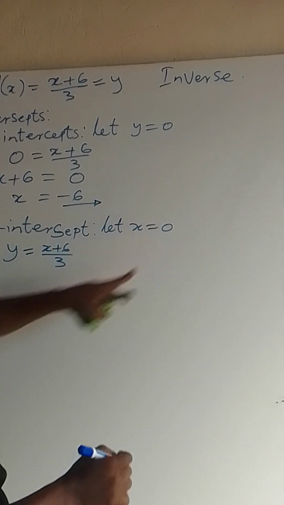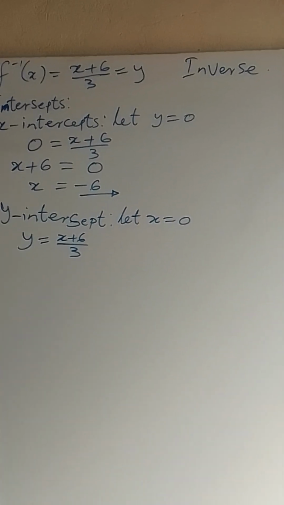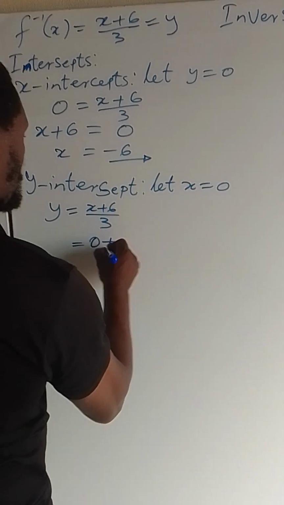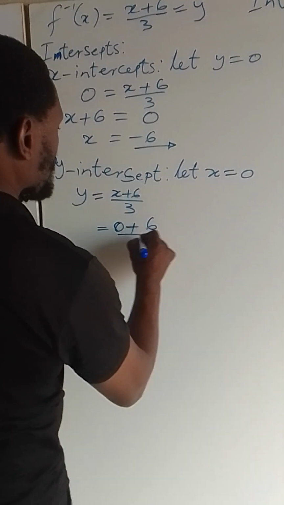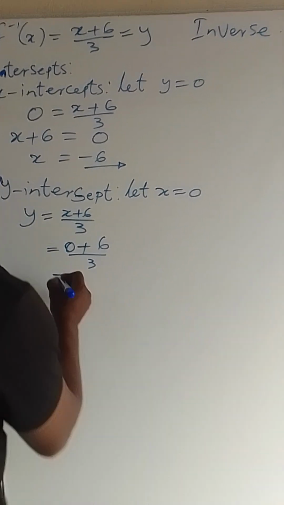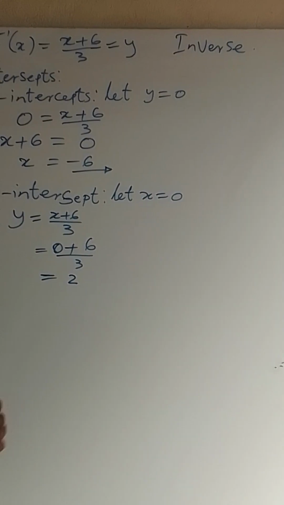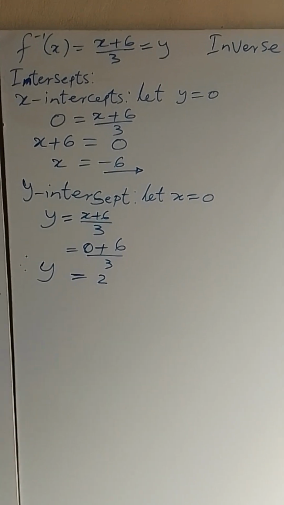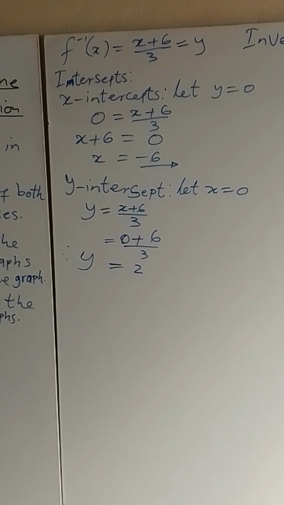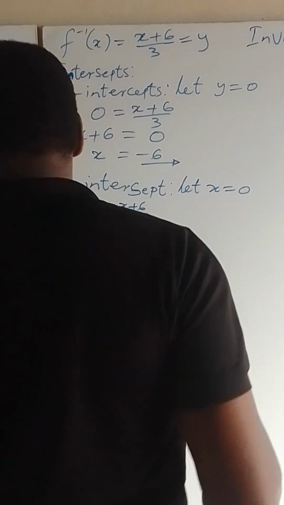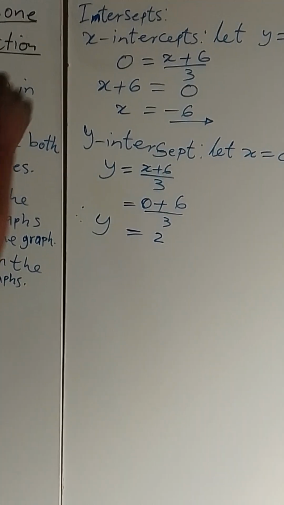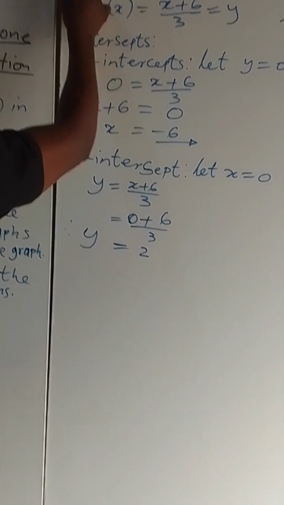Where you see x, you put a 0. That is (0 + 6)/3. 6 divided by 3 is 2. Then your y is equal to 2. Now we can draw these two graphs. That is B. Draw the graph.